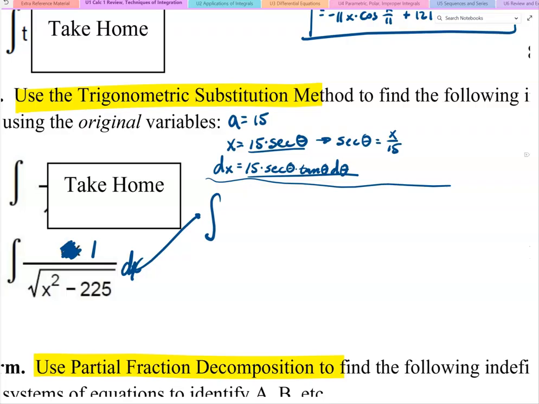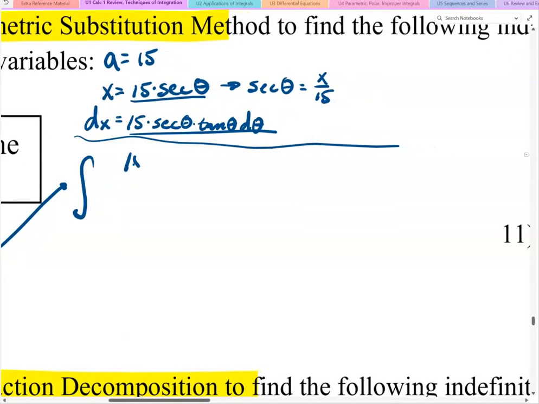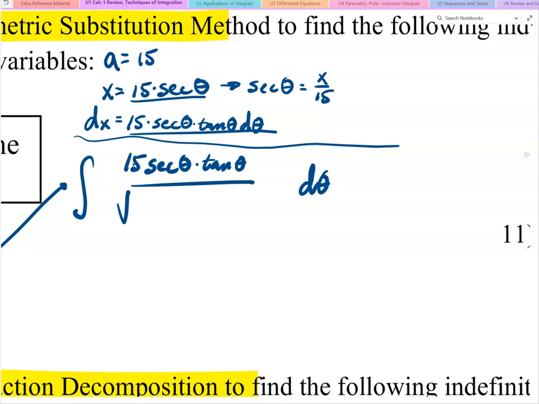But this time it ends up working out pretty nicely, because with the dx in the numerator, when rewritten, I have now 15 secant theta tangent theta d theta over the square root.